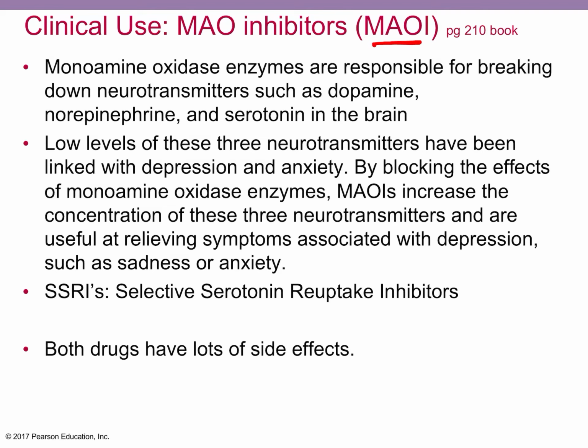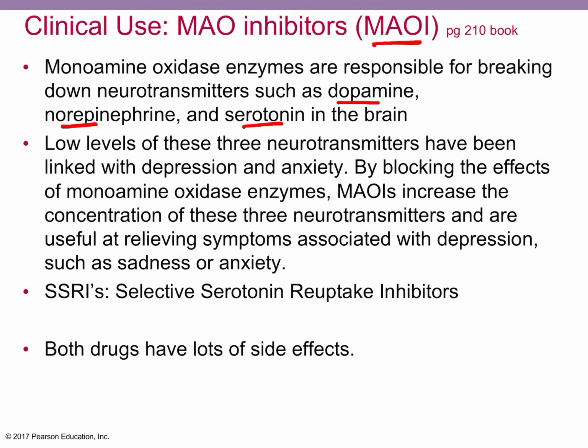norepinephrine, epinephrine, for depression disorders, right? They think that the action of dopamine, norepinephrine, and serotonin is not adequate in the brain. So either you're not making enough of it, or there's just not enough activity in the cleft. And so these inhibitors want to increase the action of these neurotransmitters by stopping the degradation, right?